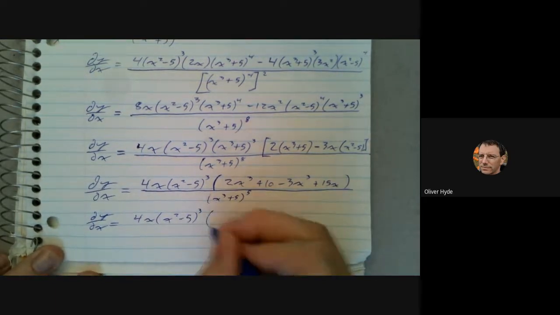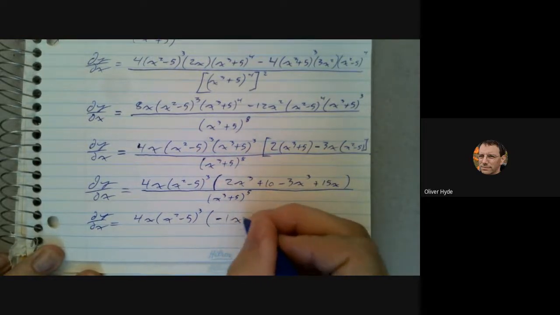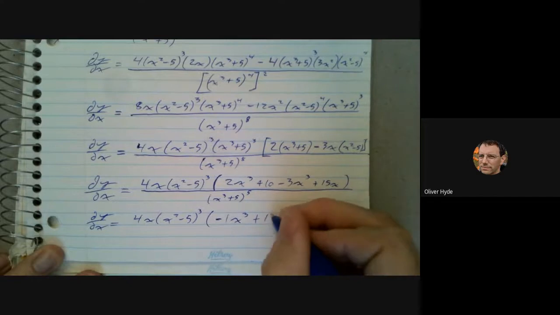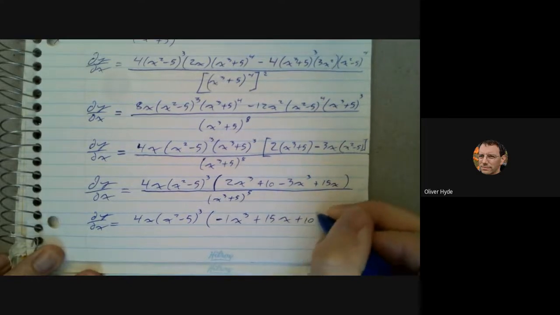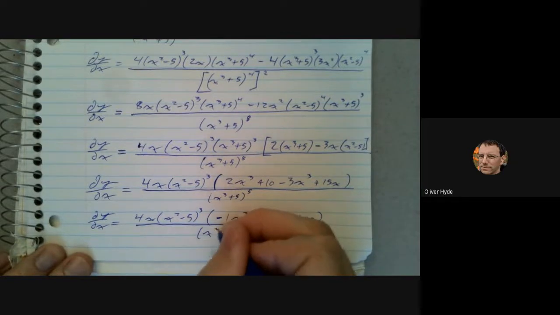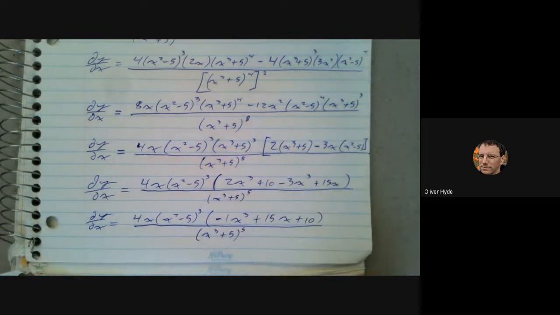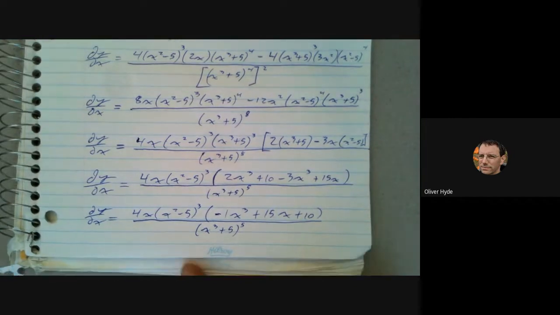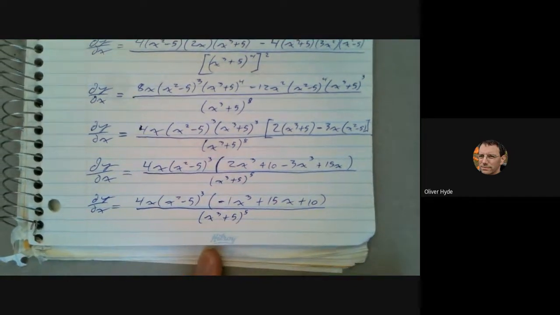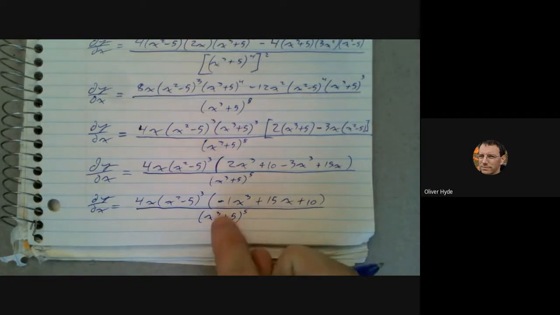By that I mean when I collect here, I'm going to have negative 1x cubed plus 15 x's plus 10 constants. So the problem that I have here is that this factor is written with a leading negative, which is considered improper. Some students have suggested, could you just write it as 10 plus 15x minus x cubed?